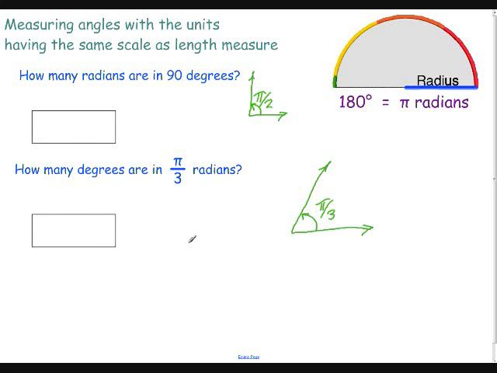Yeah? What is it? It's 1/3 of 180, isn't it? Pi radians is 180 degrees, so 1/3 of pi radians will be 1/3 of 180.